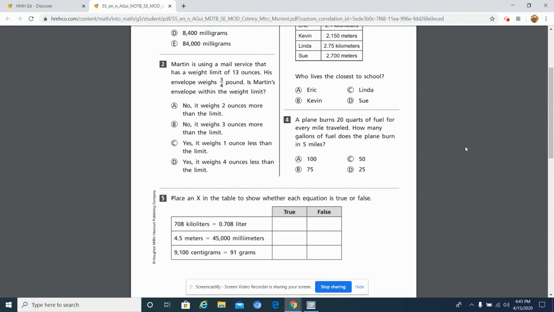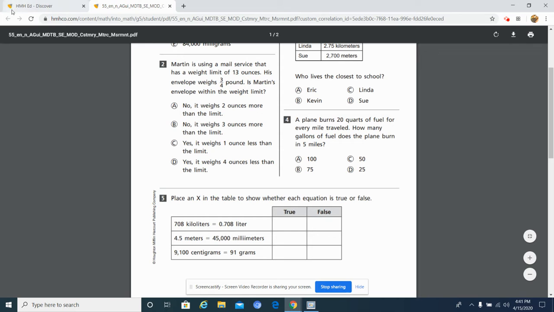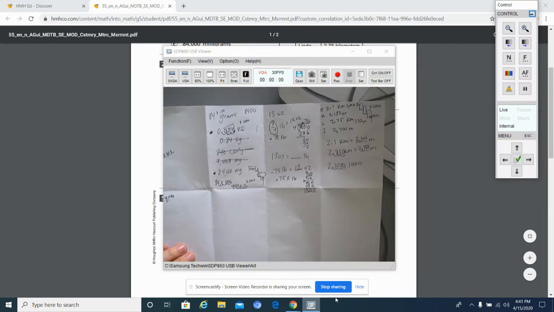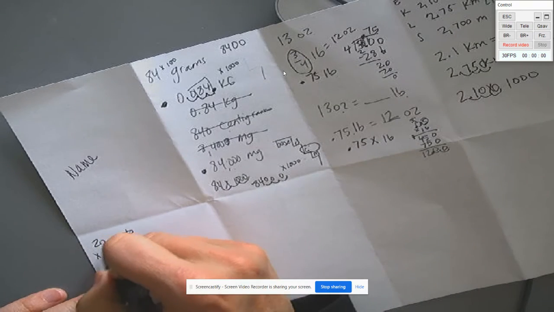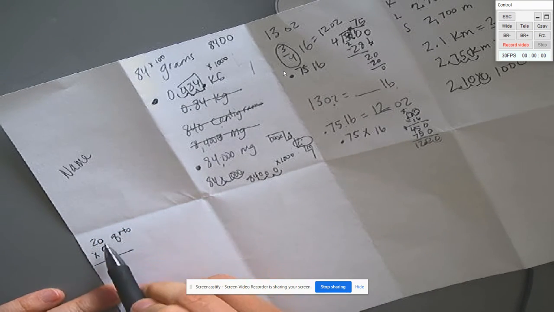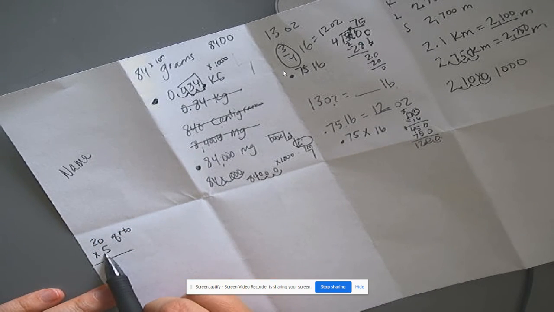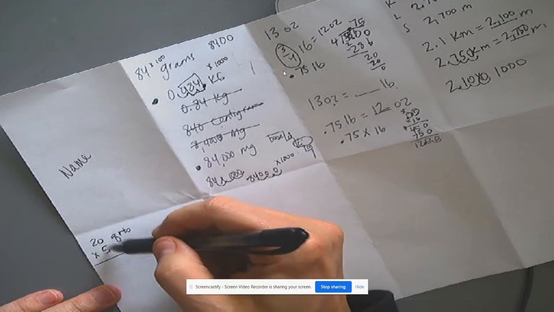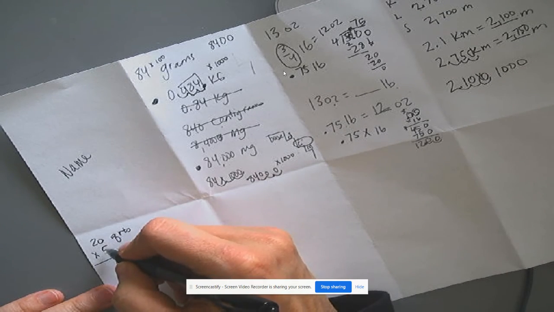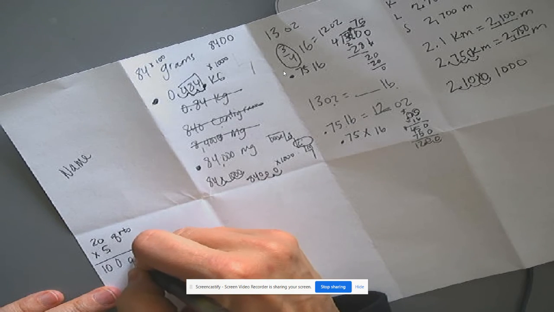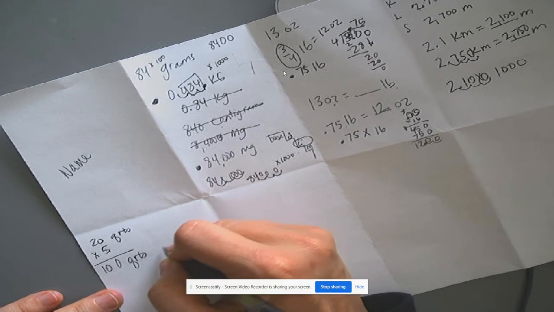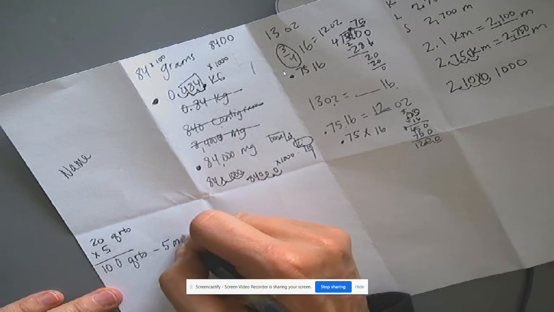The first thing we need to do is 20 times 5 because it burns 20 quarts every mile and we're going 5 miles. So 5 times 0 is 0. 5 times 2 is 10. So it burns 100 quarts in 5 miles.